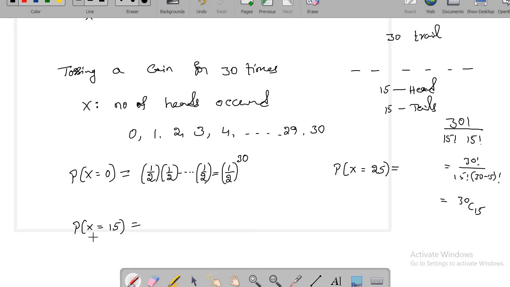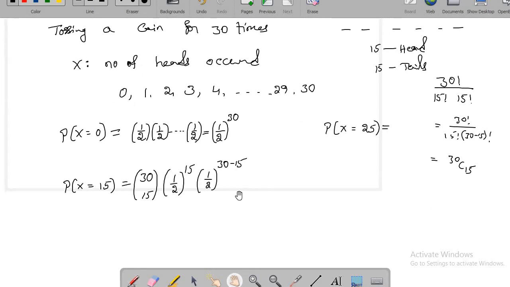So now the probability that x equal to 15 is going to be 30 choose 15, into how many successes did we get? A total of 15 successes, so 1 by 2 power 15. And how many failures? A total of 30 minus 15 failures. In other words, you can simply write 15 failures.